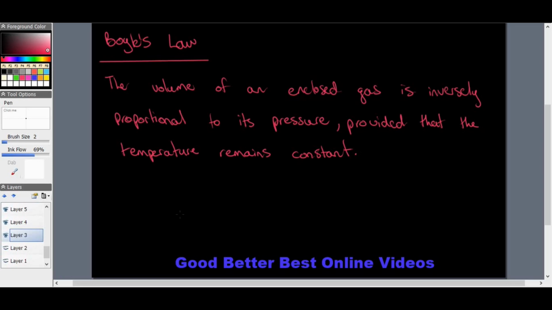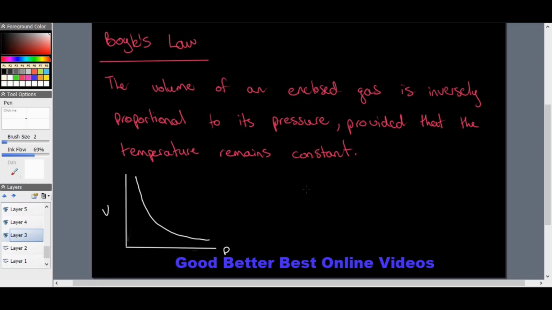Mathematically, we find that there's an inverse proportional relationship between the volume and the pressure. So if I have a little bit of a graph here, with volume on the y-axis and pressure on the x-axis, you'll see that the graph will look something like this. Obviously I would draw it much better on paper than on a virtual tab.